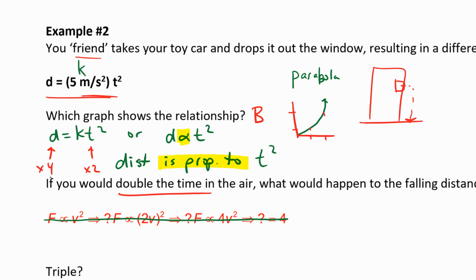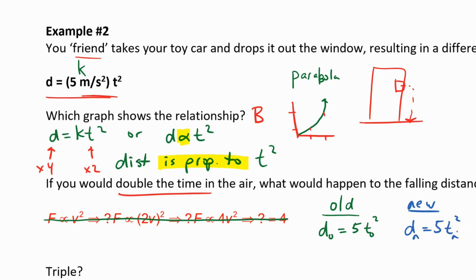Okay, so if I wanted to prove that mathematically, you don't have to write this down if you don't want to, but I could compare the old situation with the new situation. Old I got in green, but just to emphasize, I'll put O and O here to mean old, and I'll put N and N here for new. So the old distance was equal to 5 times the old time squared, and the new distance is 5 times the new time squared.